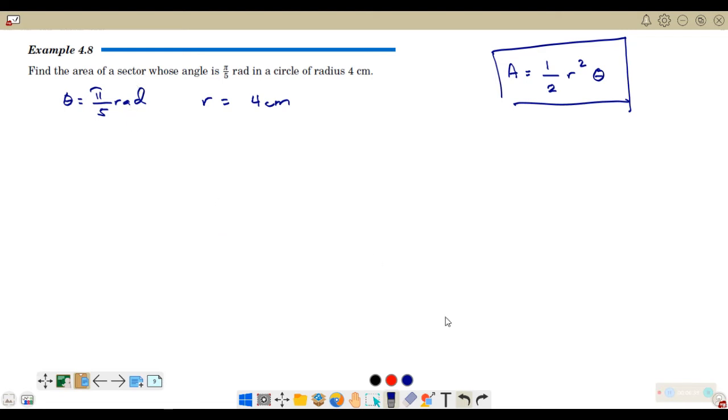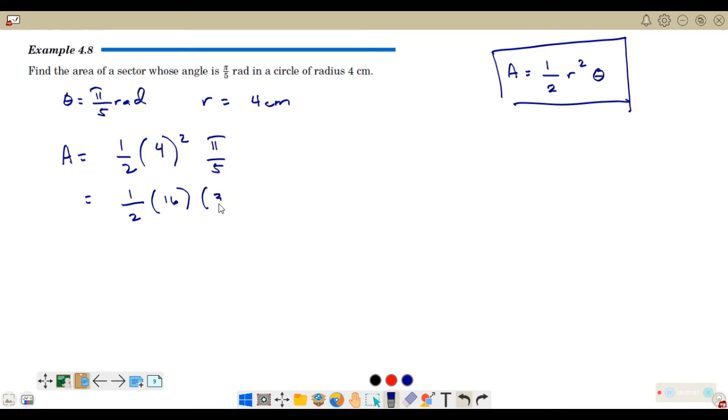So, unitless naman ang radians. We have here A is equal to 1/2 times 4 squared. And then, our theta is pi over 5. Or that is equal to 1/2 times 4 squared is 16.